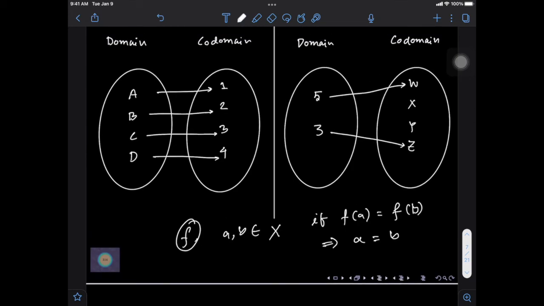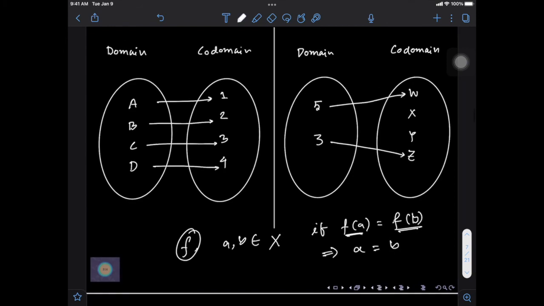And hence, if two outputs are the same, then they must also come from the same inputs, and hence a has to be equal to b in that case. So this is a quick overview of injective functions.